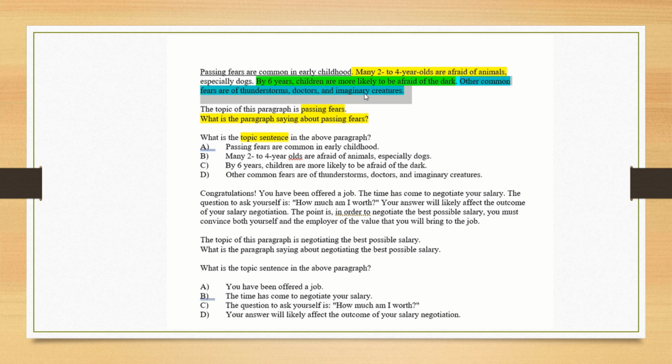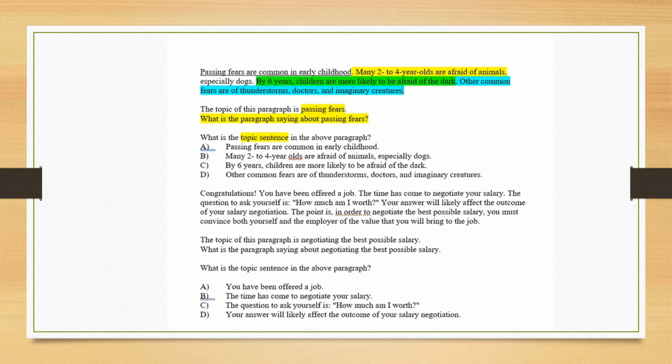Because whatever your main idea presents, all the other sentences will support it and explain it. So sentence 1 is the main idea: passing fears are common in early childhood, and the other sentences provide examples of those passing fears.